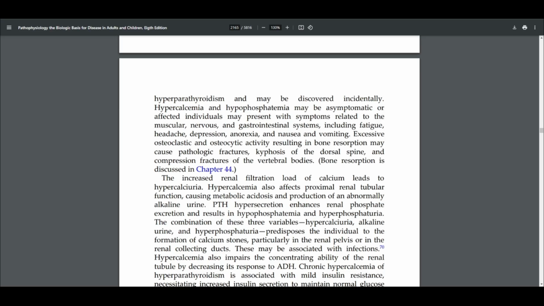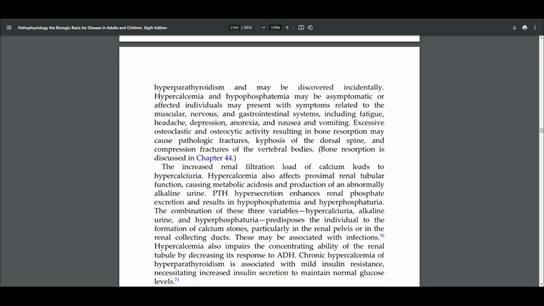Excessive osteoclastic and osteocytic activity resulting in bone resorption may cause pathologic fractures, kyphosis of the dorsal spine, and compression fractures of the vertebral bodies.